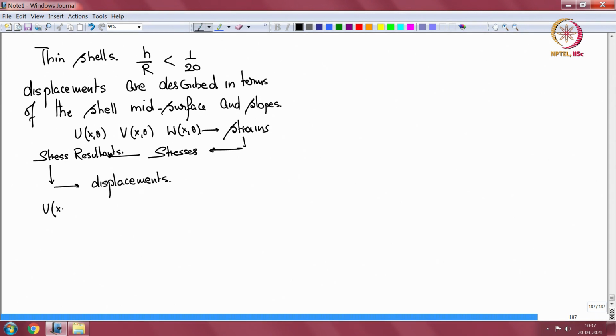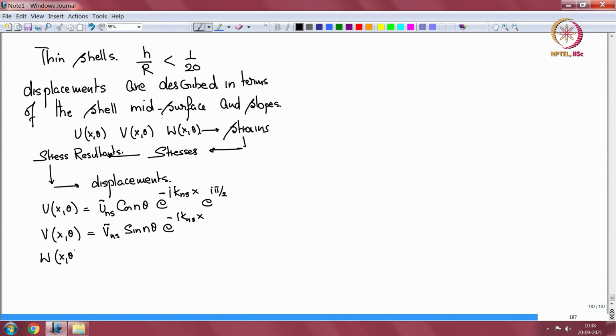We further describe them as u(x,theta) equal to u tilde ns cos n theta e to the power of minus i k ns x e to the power of i pi by 2, v(x,theta) is equal to v tilde ns sin n theta e to the power of minus i k ns x, and w(x,theta) equal to w tilde ns cos n theta e to the power of minus i k ns x. These are the mid-plane displacements.